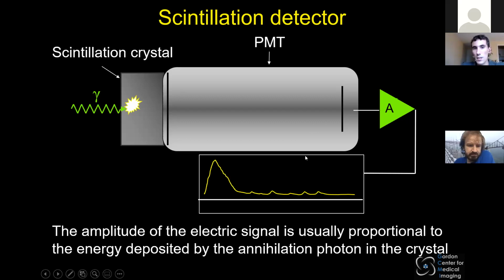Because if they hit your crystal with 450 keV, they are very likely to have scattered in the patient, and therefore you don't want those to contaminate your data. So the first way to do scatter correction is to threshold energy so that you only accept a certain energy level, okay?